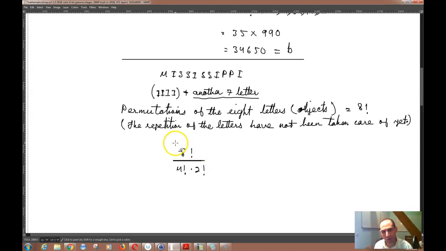So what we calculated here was the permutations of these 8 letters. So this 8 factorial that I got here was basically assuming that all of these i's are just one single object.